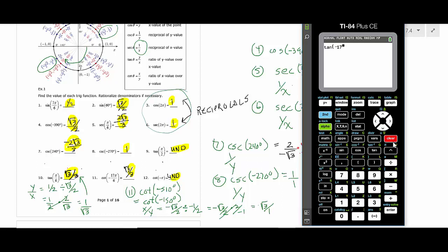I hate it when it does that. So I'm going to do the tangent of negative 17 pi. And then divide by 6. Now that'll give the tangent, so I'm going to need to do the reciprocal of this answer. So one thing you can do is you can go 1 divided by this. And you can use the ANS key. That's a memory key, and you get that. Okay, so the answer is square root of 3.